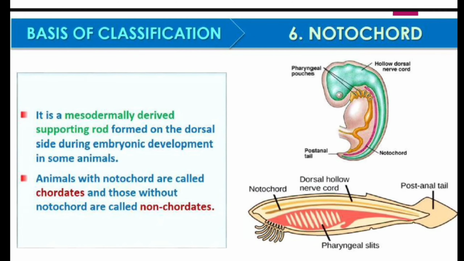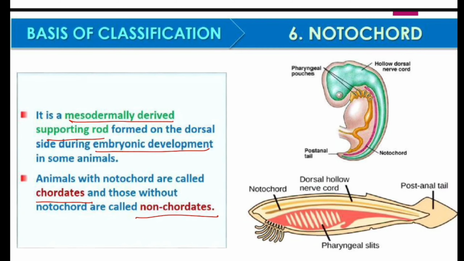It is mesodermally derived, that means the notochord forms from the mesoderm, and it is a supporting rod formed on the dorsal side, that means the back side, at the time of embryonic development in the animals. In some animals this notochord will be present throughout their life cycle, or it can persist there. If the notochord is present, they are called chordates. If the notochord is absent, they are all included in non-chordates.